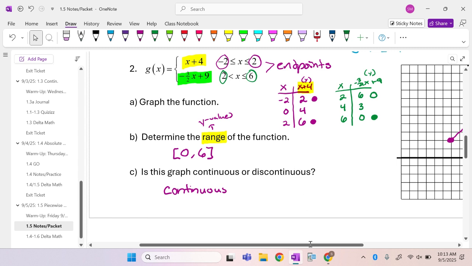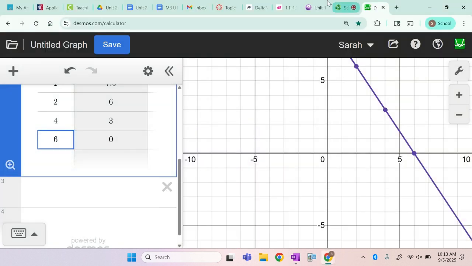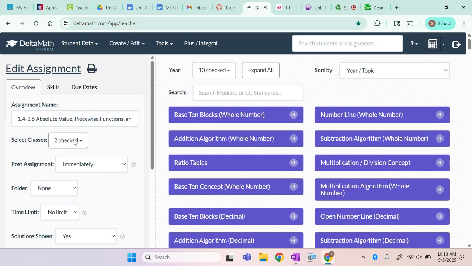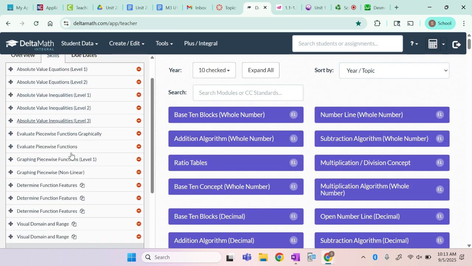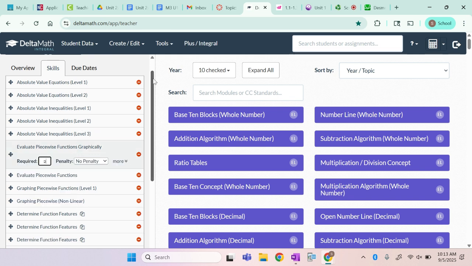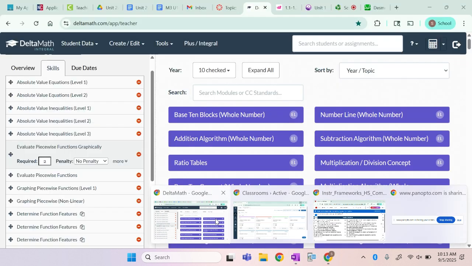So if you look at your Delta Math, you should now be able to do anything that says absolute value and anything that says piecewise. Those are the ones you should be able to do on that Delta Math now. And guys, make sure the AirPods are out of your ears, please. All right, so I'm going to go ahead and start the timer, and you guys can go ahead and take your break.